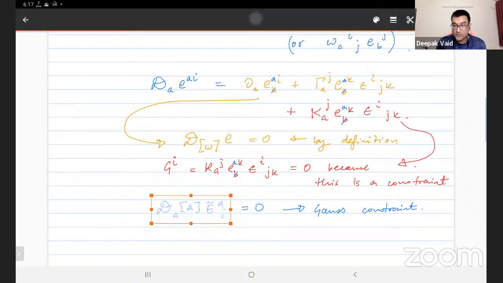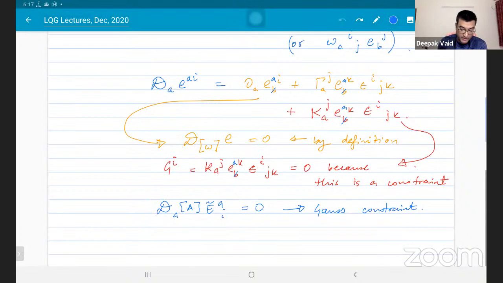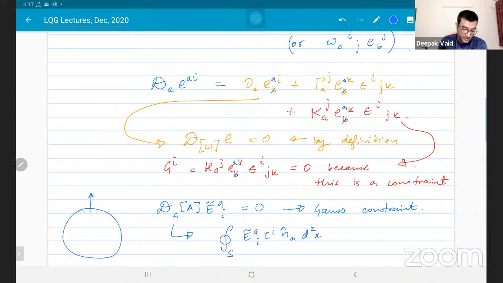And this actually is a Gauss constraint, because it implies that if you take the flux of the co-triad through some closed surface, where n_a is the unit vector on the closed surface and tau_i are the SU(2) generators, and you take this surface integral, then the Gauss constraint tells you that this is 0.